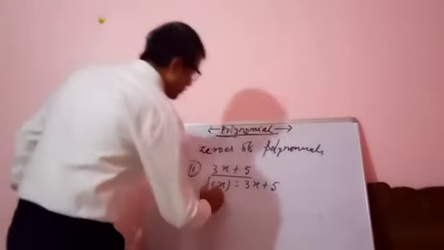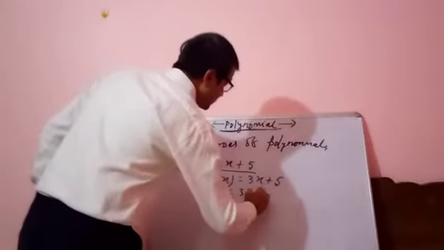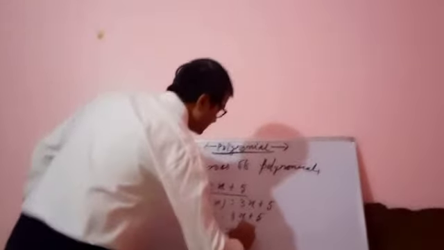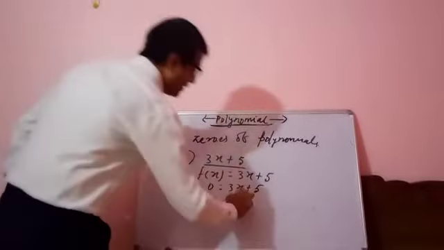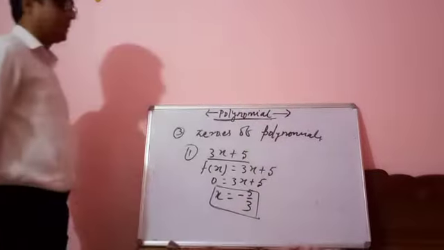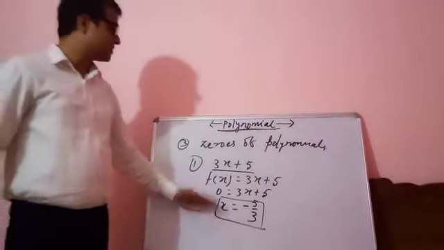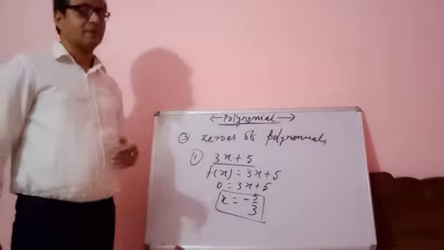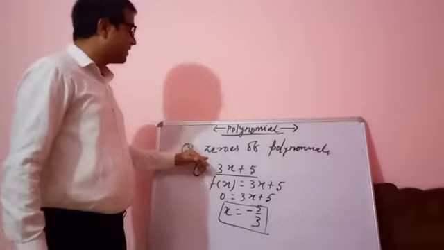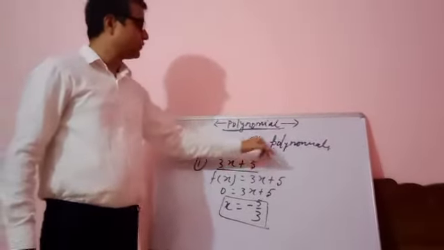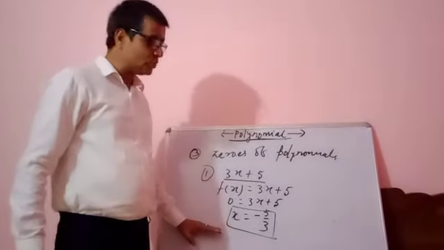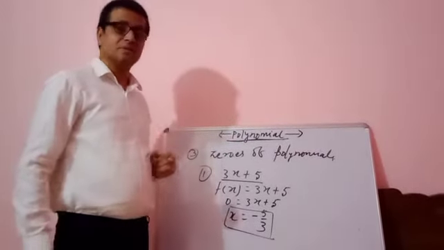Now if you put 0 here, this gives 3x + 5 = 0 and x = -5/3. So this -5/3 is the 0 of this given polynomial. I'm just trying to give you an idea of the name, zeros of polynomial. By this way you will come to know this is the 0 of the polynomial.